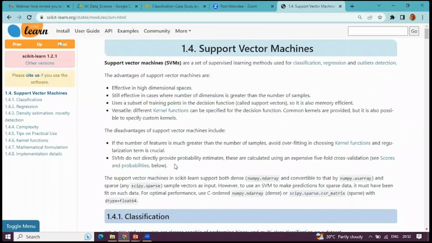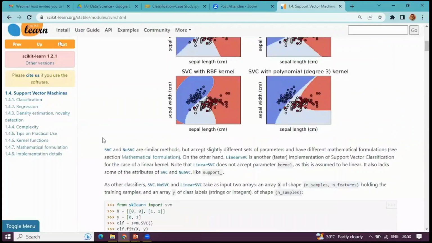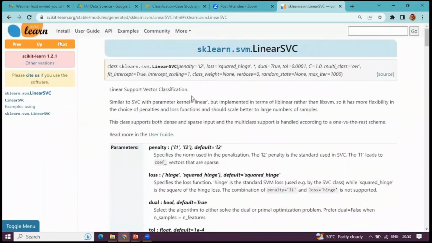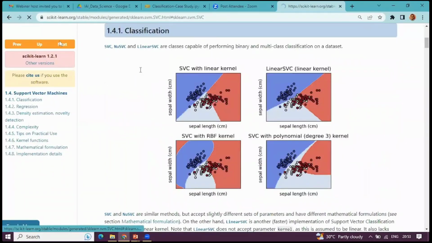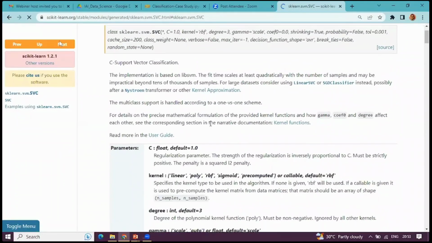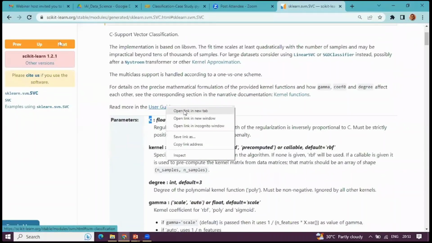So you see here, this is the support vector classification that you are saying. So basically, if I look at the equation, if I have to show you the mathematical equation.